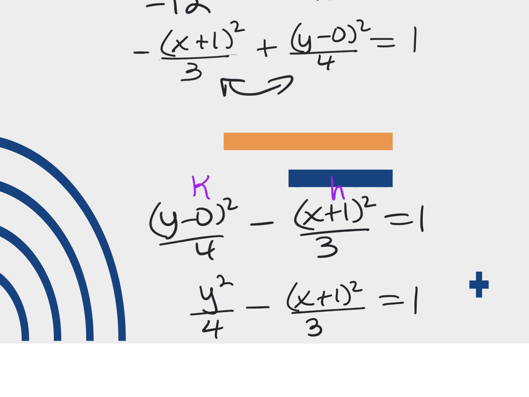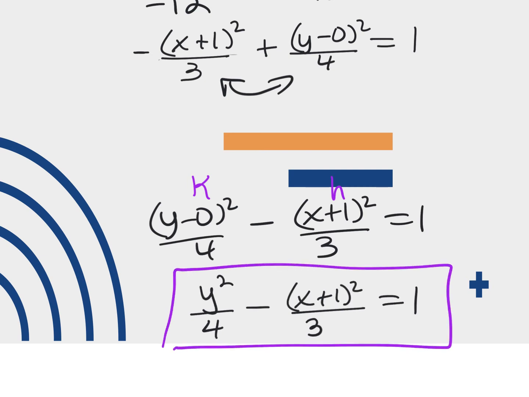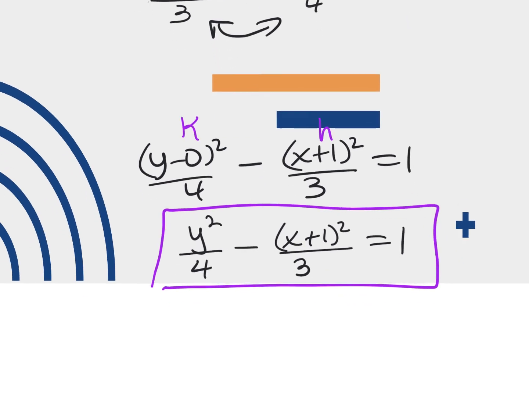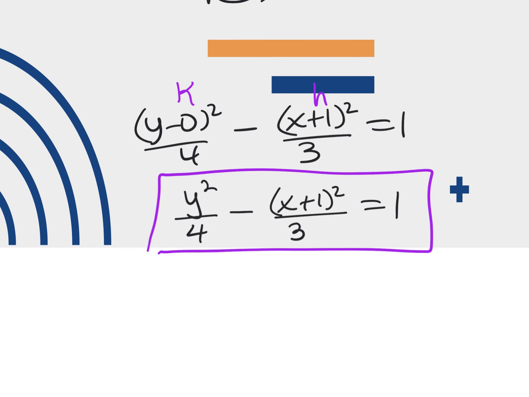I need to pull that out from my center. Now, you're done with completing the square. This is the standard form. Now what we're going to do is find all the parts and then graph it. So this was the 4-3E homework. So let's go ahead now and pull everything out.